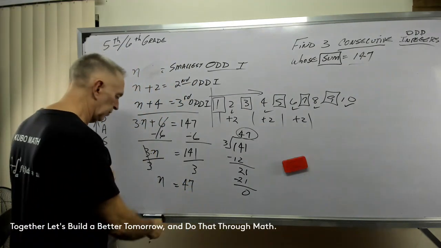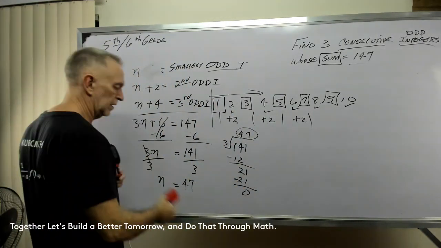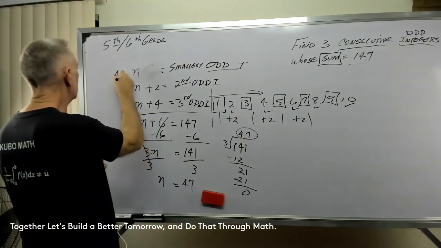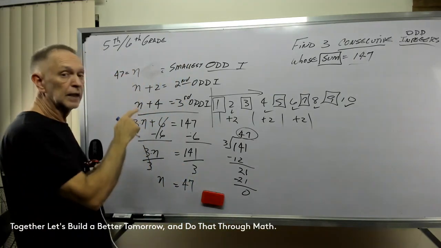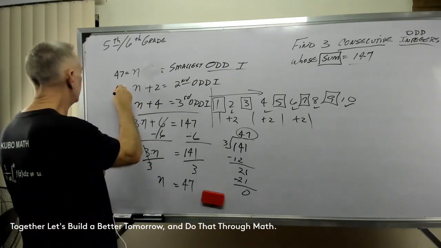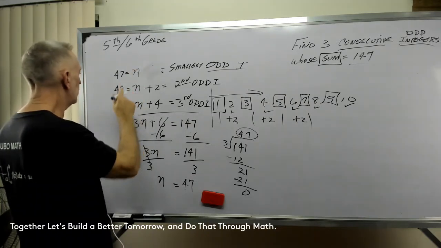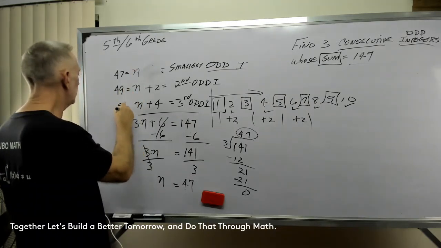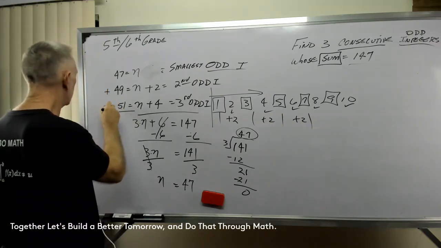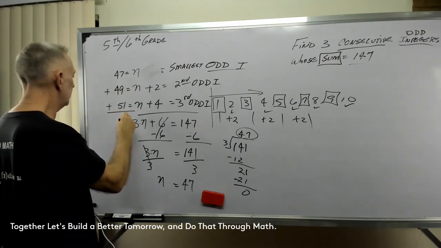Well, what does that do for me here? Okay, if 47 equals n, n plus 2 would be 49. And then n plus 4, 47 plus 4, is 51. Okay, let's add those together. 1 plus 9 is 10. 10 plus 7 is 17.